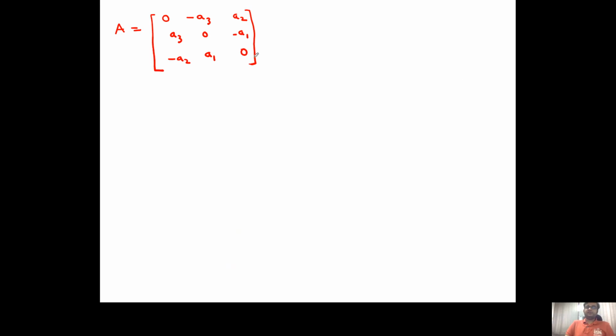So this is your A matrix, okay? And then axial of this A is the actual A vector, which is A1, A2, A3.